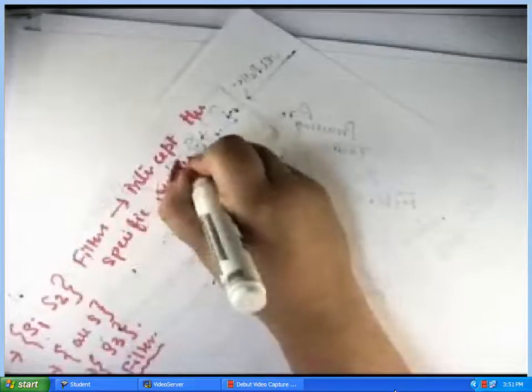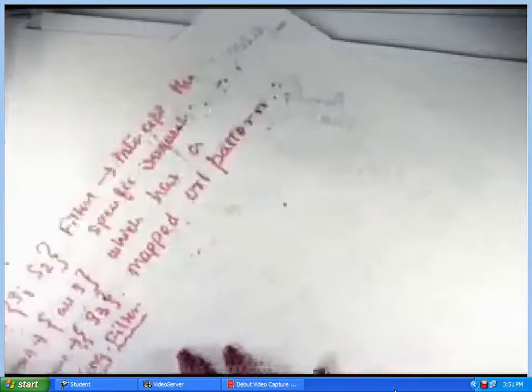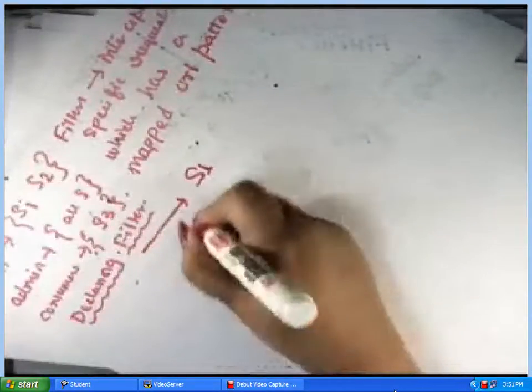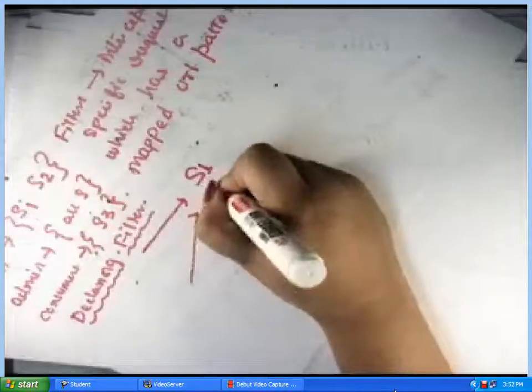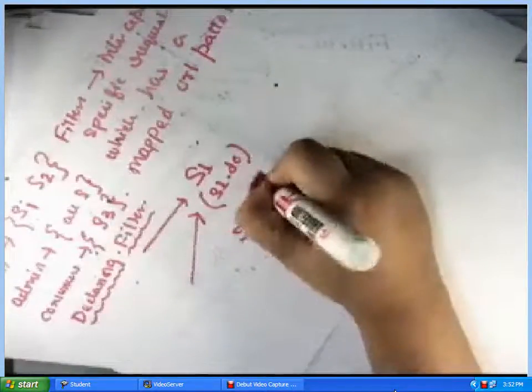Requests which, most importantly, have a mapped URL pattern. Like again, say you have a servlet 1, you have to send requests to this servlet. So the servlet will have a URL pattern, let's say s1.do. Now there are other servlets also, maybe s2 and s3, which have separate URL patterns.